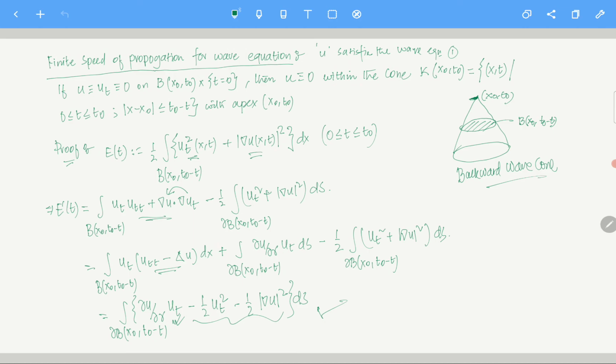What did we prove? We proved that if you start with initial data 0, then u has to be 0. So that proves that the speed of propagation is finite. Clear?